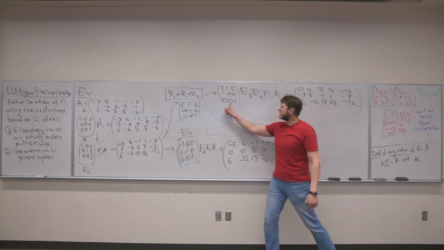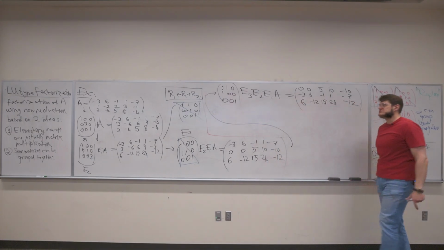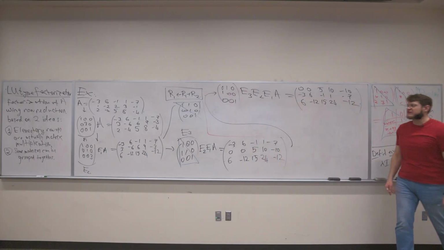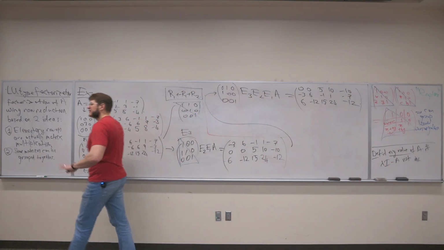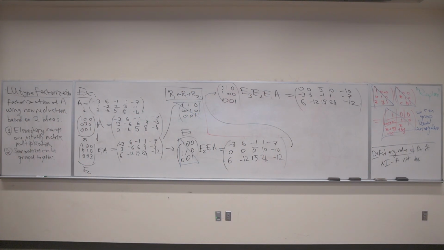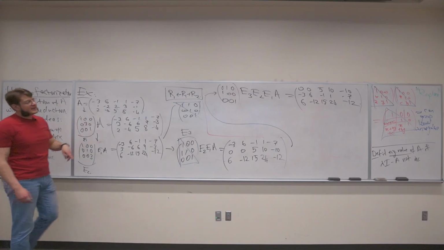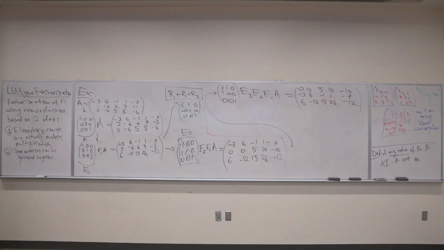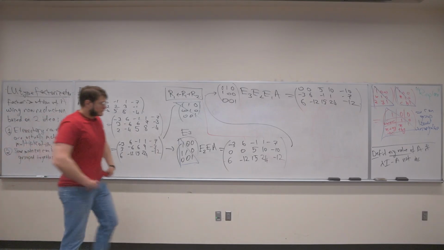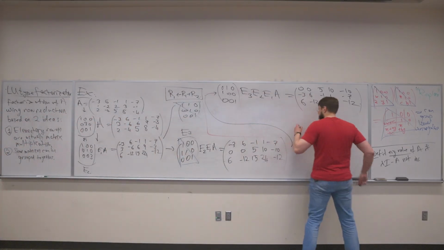And this is a third type of matrix. This is what is called a permutation matrix. A permutation matrix is a matrix that has exactly one 1 in each row and each column, and all the rest are 0. It turns out that if you were to take any two matrices like this, multiply them together, you get back another matrix of the same type.